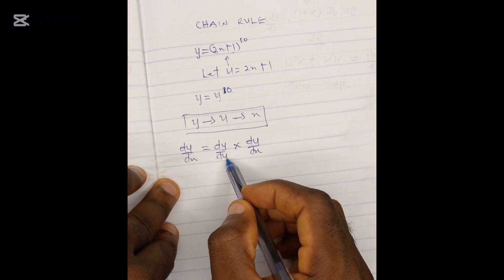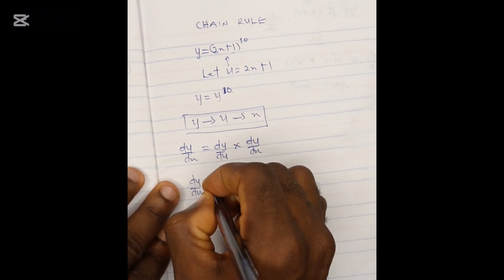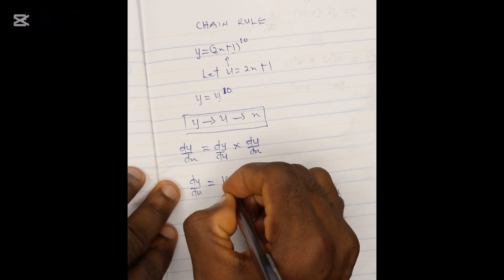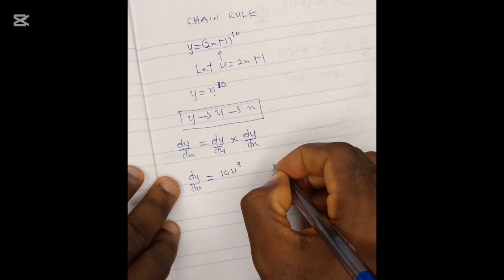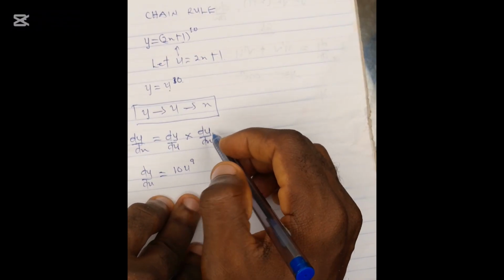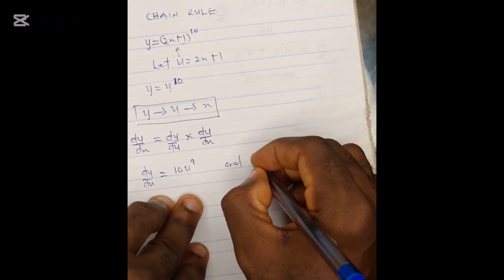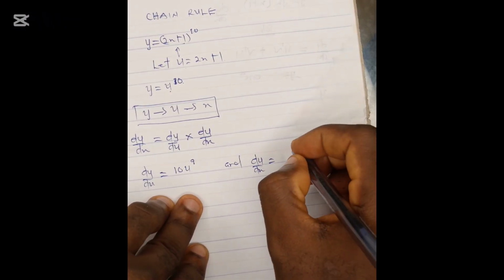If you are finding dy/du, it is going to be 10 times u raised to the power 9, and then the differential of u with respect to x, u is 2x plus 1, so we're going to have du/dx equal to 2.